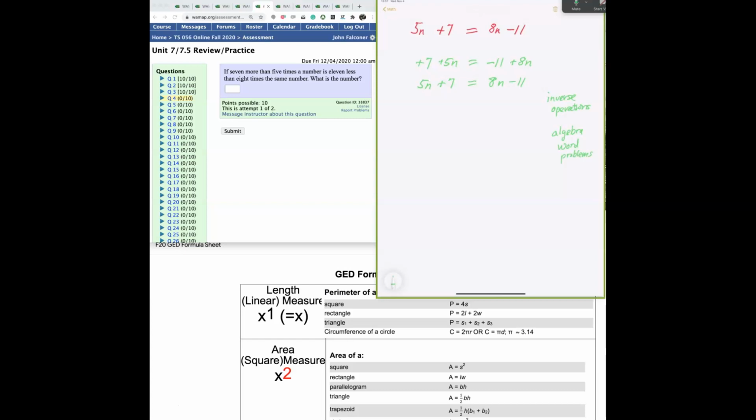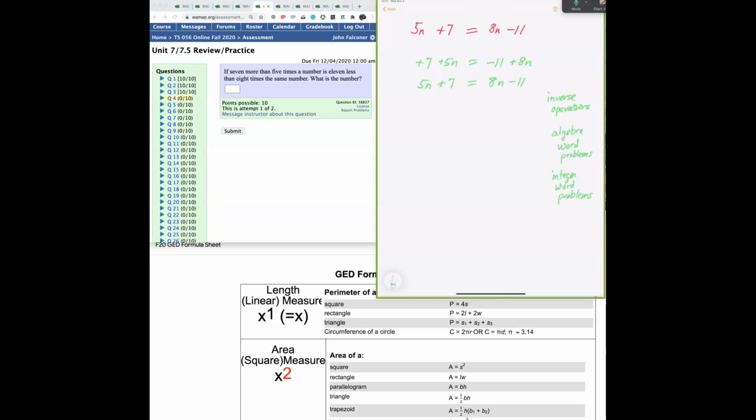And what else? These are integer word problems. Integers are whole numbers. They include 0 and also negative numbers. So that will give you pretty much everything they've got.